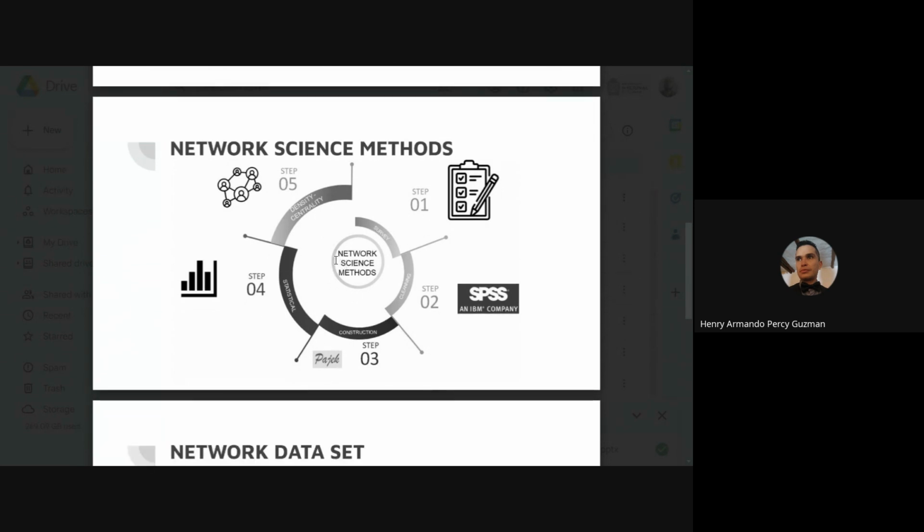The next step was cleaning the data, which they did using SPSS, statistical software. Then they constructed the network using Pajek. I have been reading about this software; it's quite old, but it's quite nice. They then developed some statistical analysis, and with this information they carried out the network analysis of density and centrality.